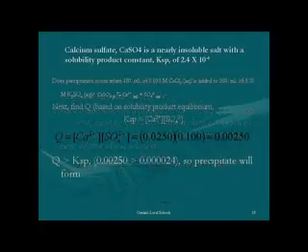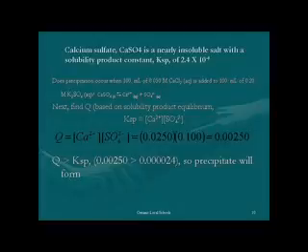Now that we have the new molar concentrations, we can go ahead and calculate Q. Q is set up the same way as the solubility product equilibrium expression, except we substitute Q for KSP because we don't know whether this system's at equilibrium or not. So we'll take our new molar concentrations and line them up and multiply them together.